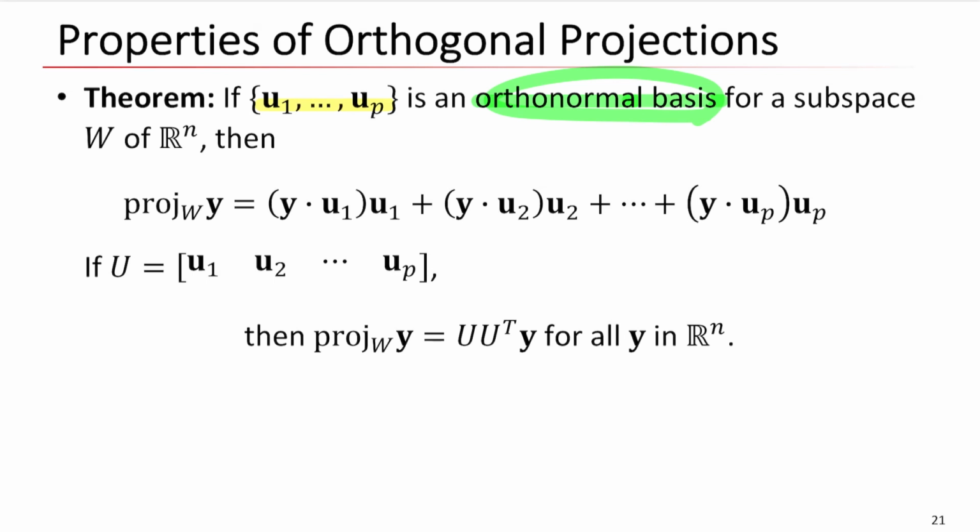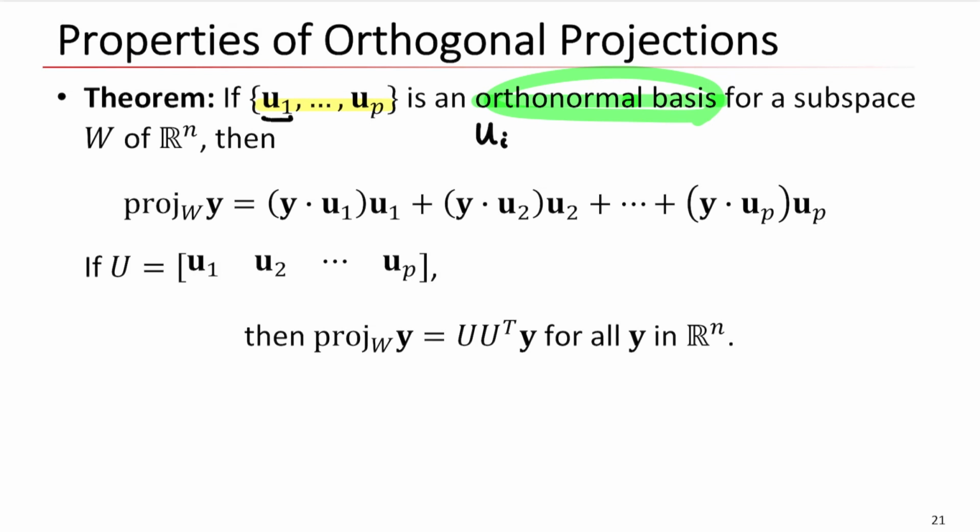So what was the difference between an orthogonal basis and an orthonormal basis? The orthonormal basis means the length of each basis vector is 1. It means that ui inner product ui is equal to 1, because the length of a unit vector is 1.